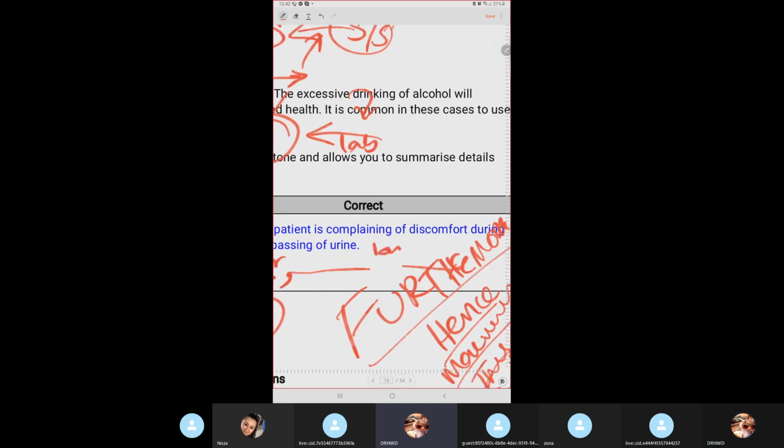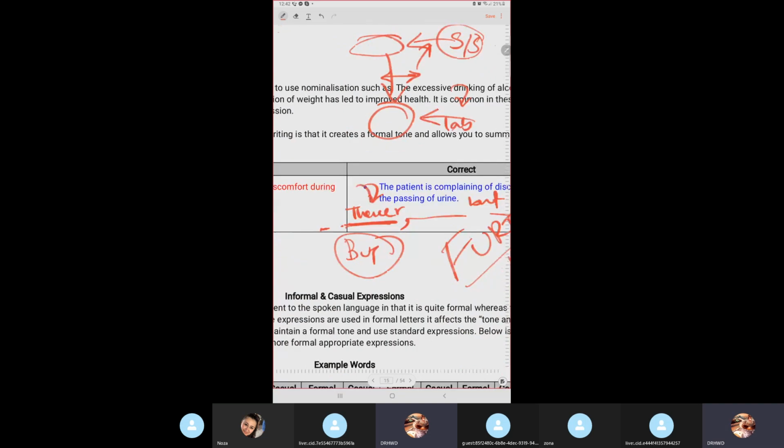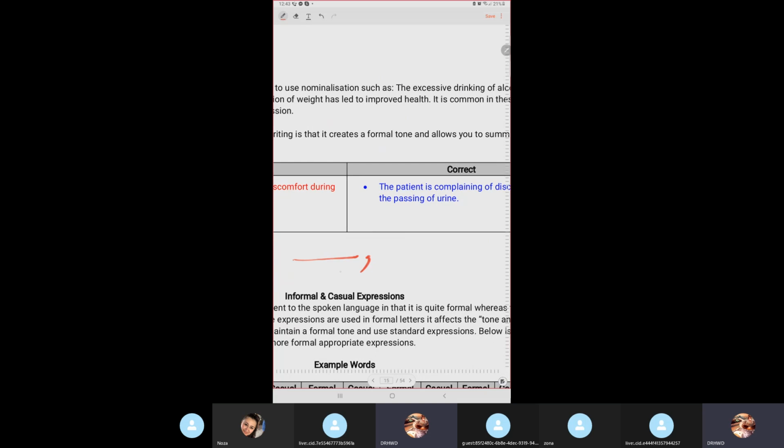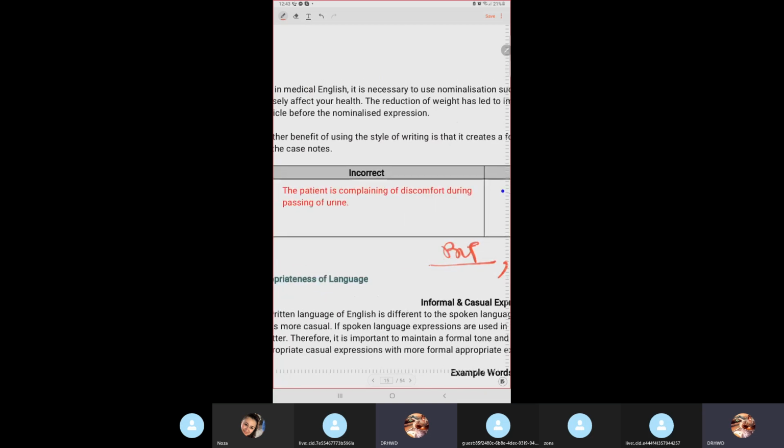"However" can be used in the beginning and also in the middle. "But" is a connector they don't want you to use at the start of a sentence. "But she has diarrhea" is something you cannot say, even though it is correct, because they don't like it. What you would do is use "but" in the middle of the sentence.